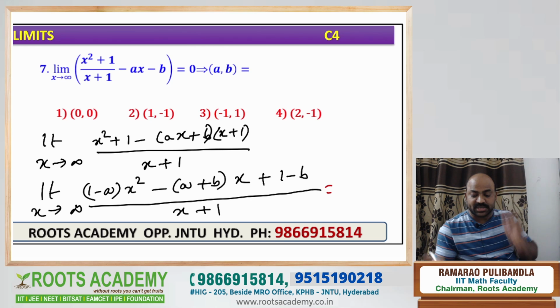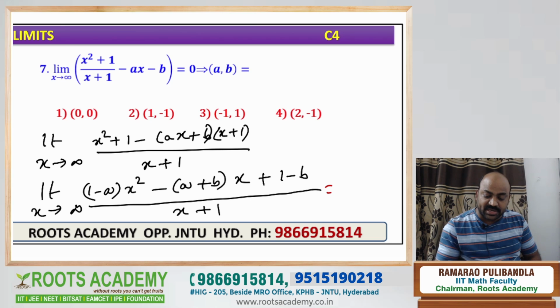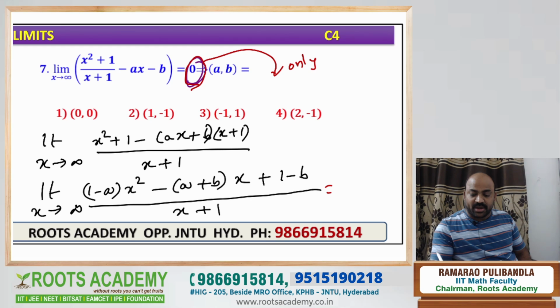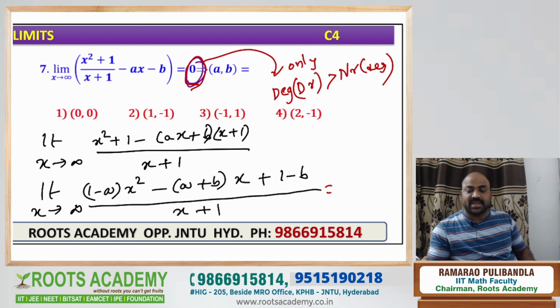All of you try to focus on this. What he's asking is, he's saying it is 0. Do you remember when that polynomial by polynomial will be 0? Only when the denominator degree is greater than the numerator degree. That will be the way.